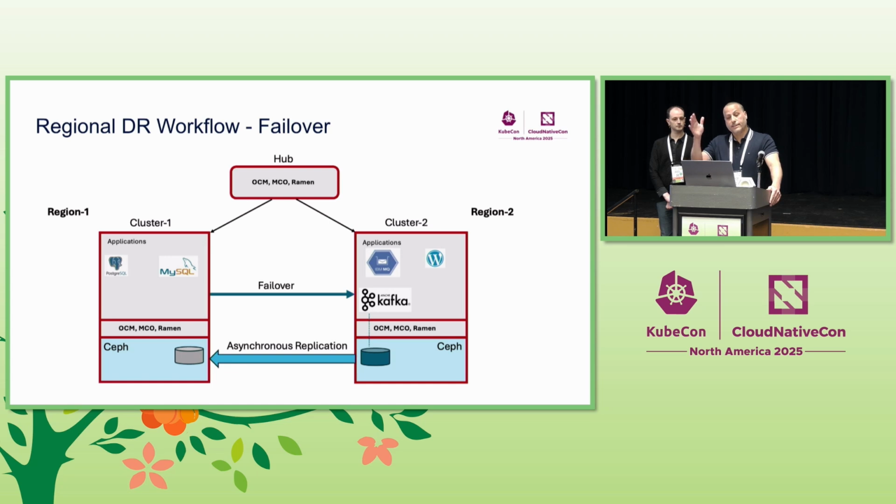So once disaster hits, then the user decides to fail over the application. At that point, we force promote the image on cluster 2, and it becomes the primary image.